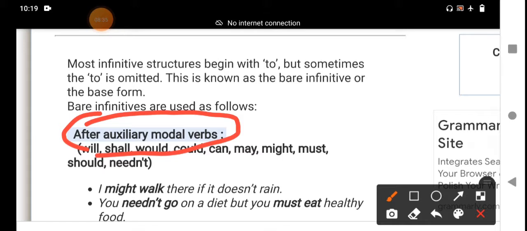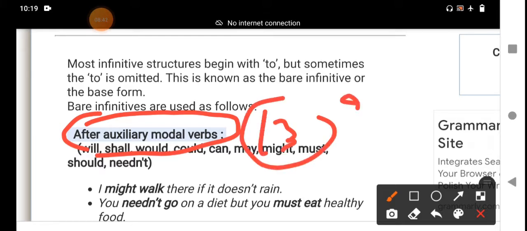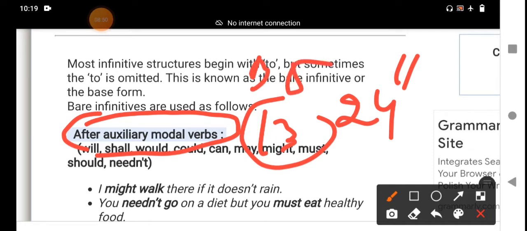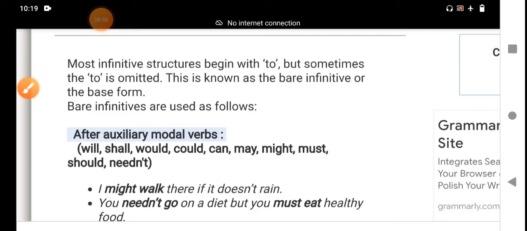These are all modal auxiliaries. Nearly 13 modal auxiliaries are there in the English language. There are 24 auxiliary verbs, 11 primary auxiliaries. Be forms are 5, do forms are 3, and have forms are 3. That means 11 primary auxiliaries and 13 modals, 24 auxiliaries in the English language.